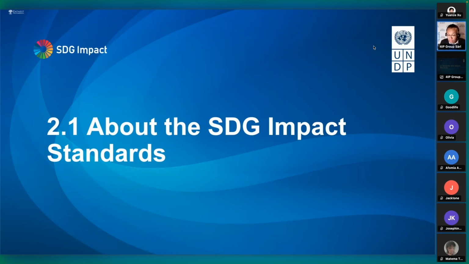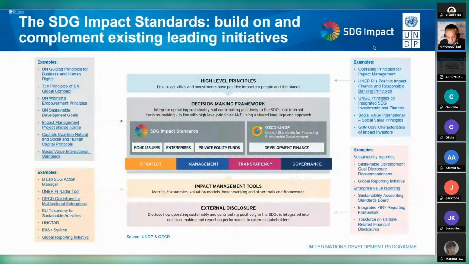So we now turn our attention to the SDG Impact Standards themselves. This very complex diagram really tries to show how the standard works in relation to everything else that exists in the ecosystem. So the idea is not to replicate nor duplicate the good work of other frameworks.